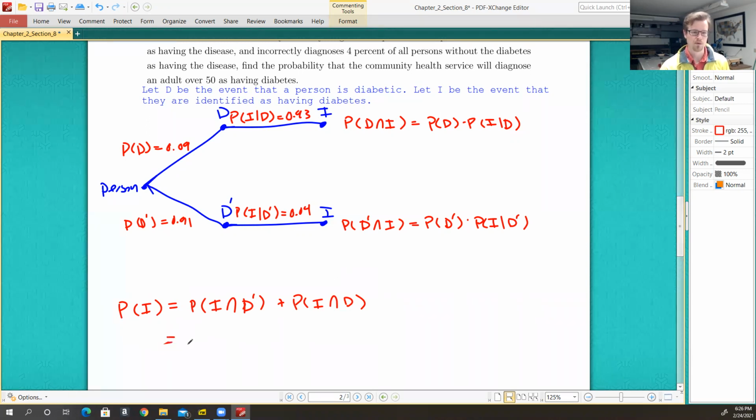But we just said that this is the probability that they don't have it times the probability that they're identified given that they don't, plus the probability that they do have it times the probability that they're identified given that they do.